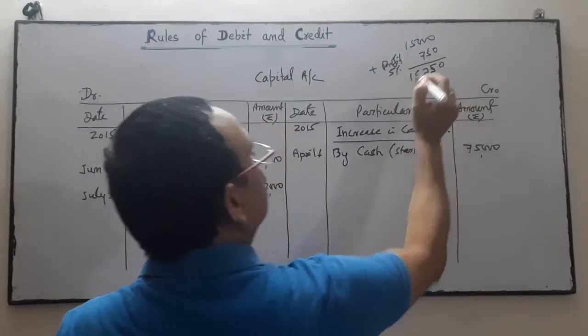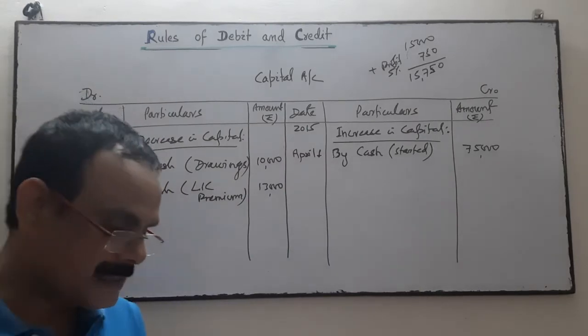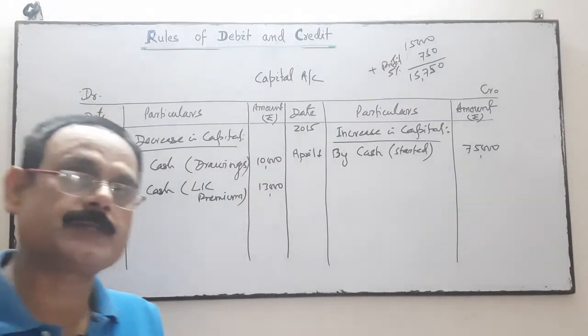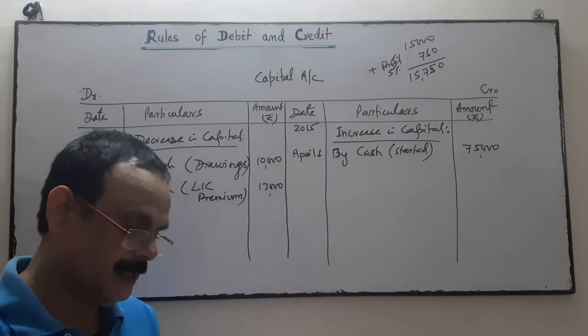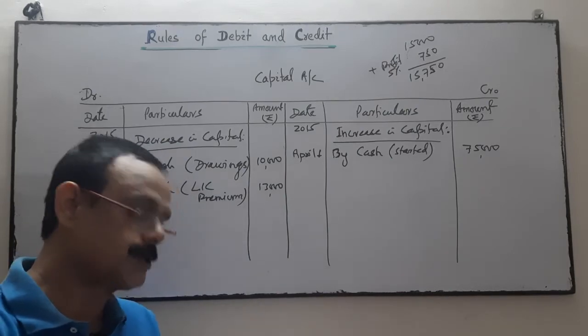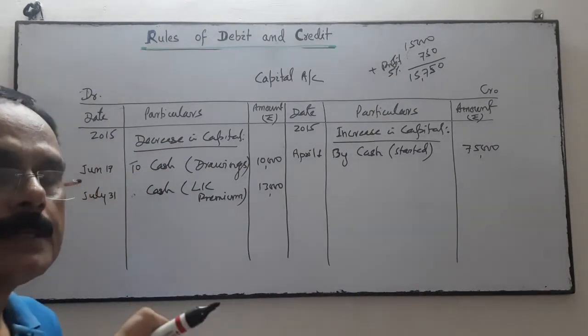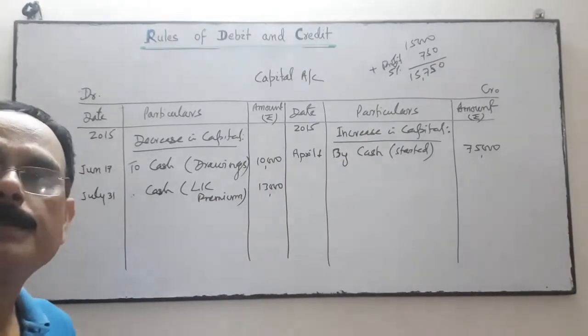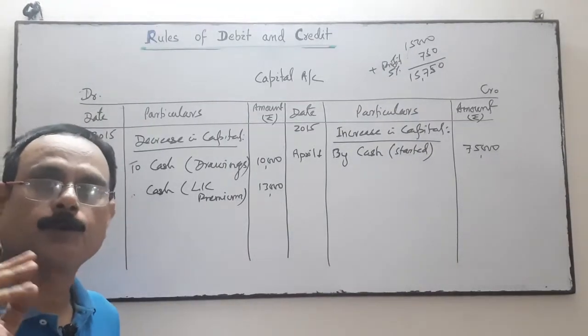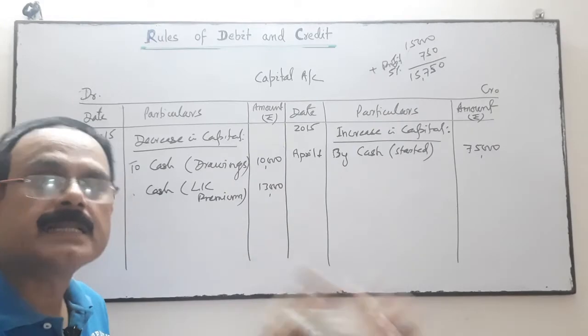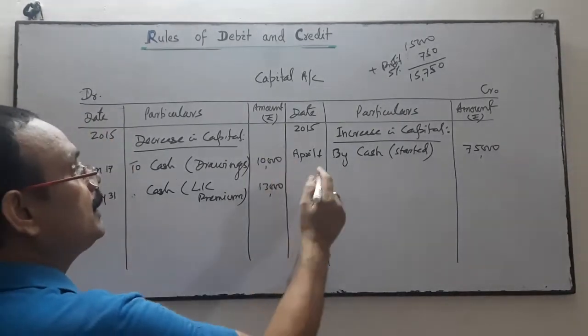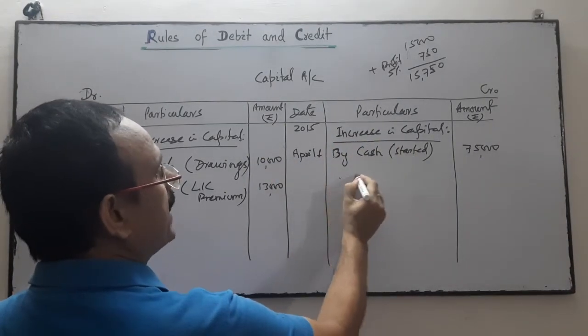Sold personal investment worth rupees 15,000 at a profit of 5% and brought into business on the same day, and this amount is given by the proprietor into the business. It means the proprietor has invested additional capital into the business, so increase in capital, by cash.